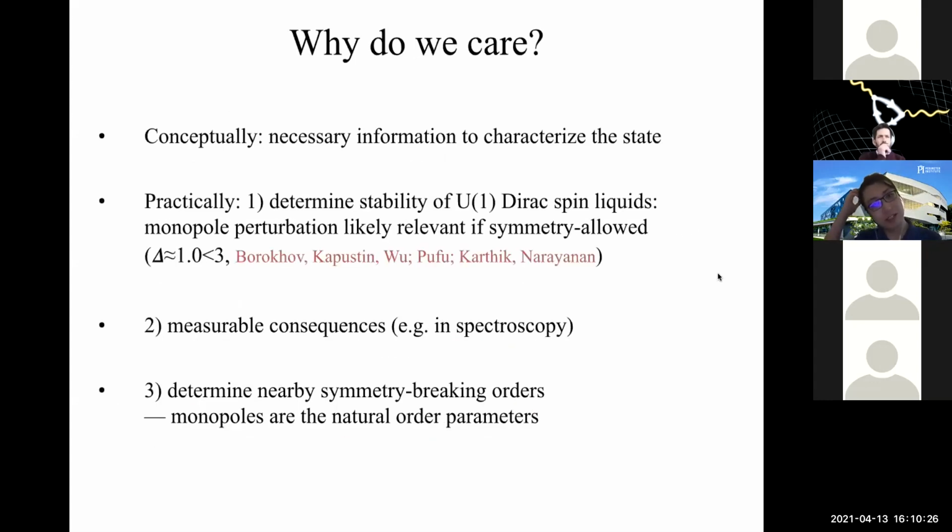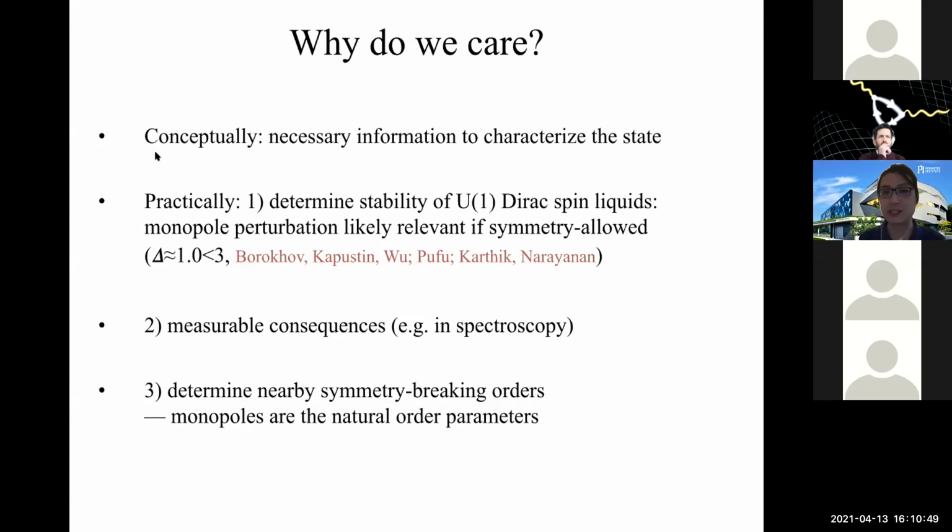So conceptually, it wasn't completely clear what was going on. Let me also say a bit about why we care about this problem. I explained to you why this problem is not entirely trivial, but why do we care? Well, first, conceptually, this is necessary information to really characterize the state, right? In principle, it's not enough to just say, I have this UV system and I have an IR emergent field theory.